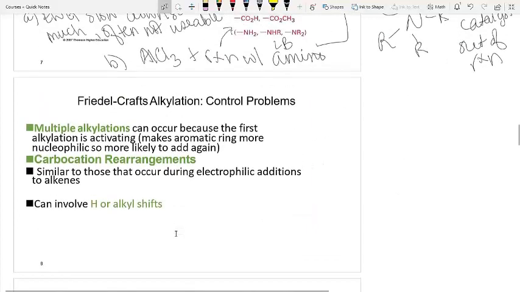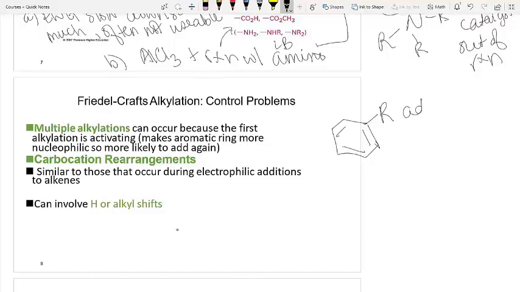Our next category is more of what we call a control problem, and we'll go into more of this in the next video and more in class. Polyalkylation is possible in these reactions, and polyalkylation means that once we add one alkyl group, it makes it much easier to add more alkyl groups because we've made the ring more reactive, or what we say, we activate the ring.